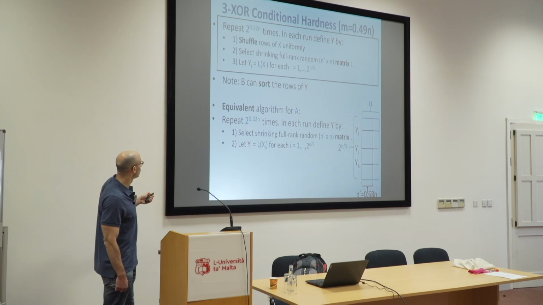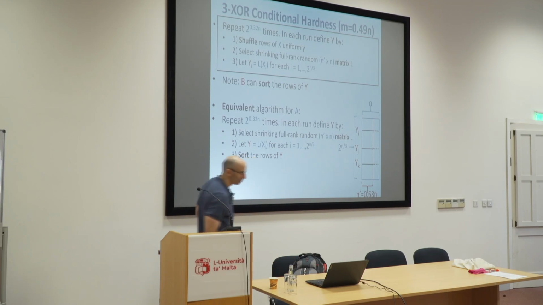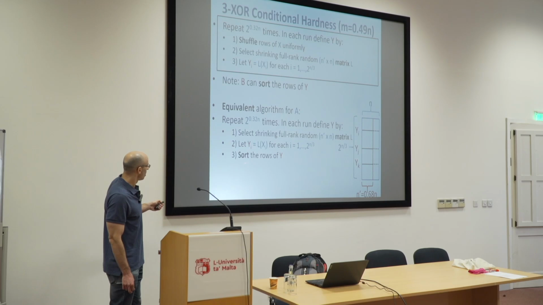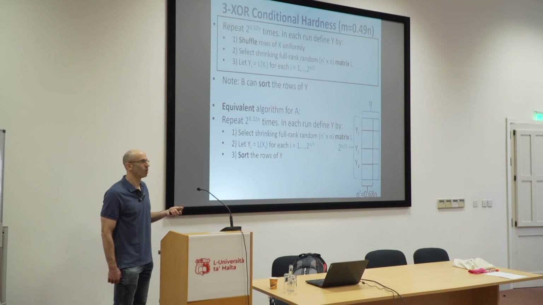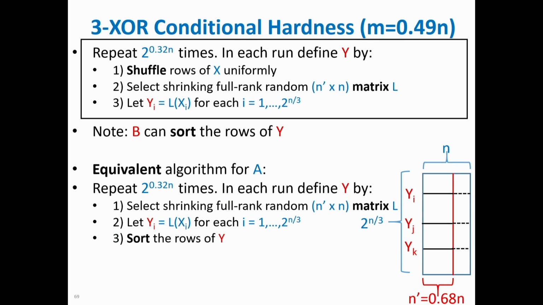You can select this shrinking full rank random matrix of this dimension, define y_i in this form just by applying this linear transformation to every row, and you can sort the rows of Y. It doesn't matter because in this algorithm you shuffle the rows randomly, but B can just take the random shuffling of the rows and sort it himself. So this algorithm and that algorithm are essentially the same.